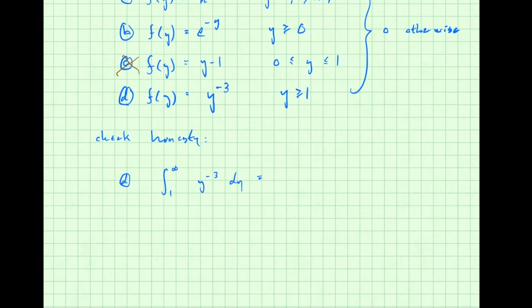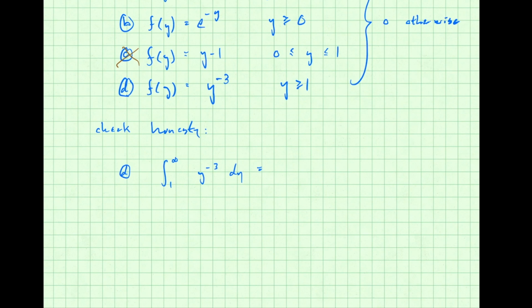And so what is this? Oh, my powers of integration. So this is going to be minus 1/2 y to the minus 2, evaluated between infinity and 1. And so what do we got here?